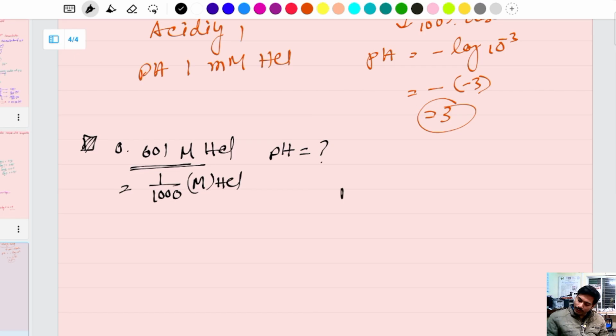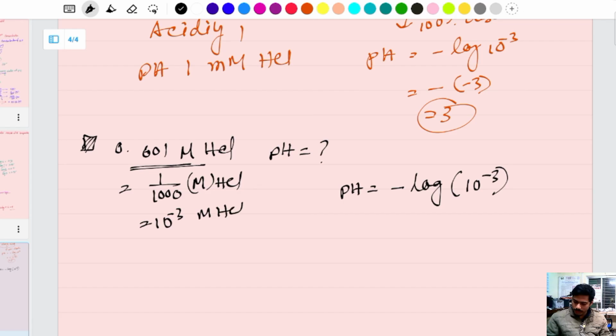Now you know that pH equals minus log of the concentration of H plus ion. So what will be the H plus ion? 10 to the power minus 3. The minus is already there, and along with it another minus, so it will be 3. Hope that you guys can understand that.